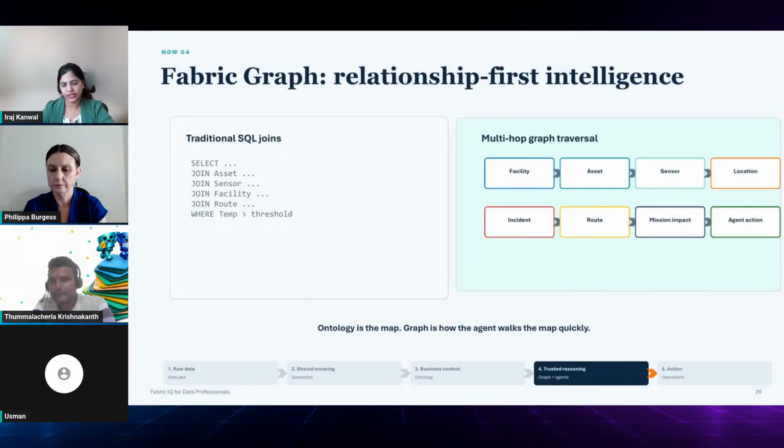A good way to say it is ontology is the map, whereas a graph is how the agent walks the map. And this becomes especially important for multi-hop questions, where the answer is not just in one table or in one metric, but across several connected business concepts. So the fabric graph is what helps the agent walk through the map, whereas the ontology is the map.